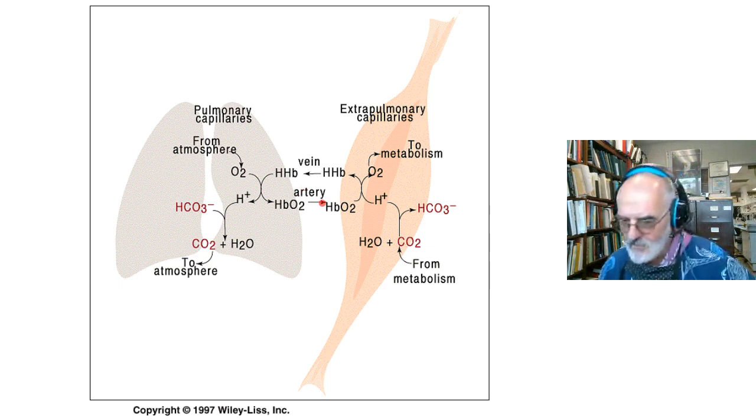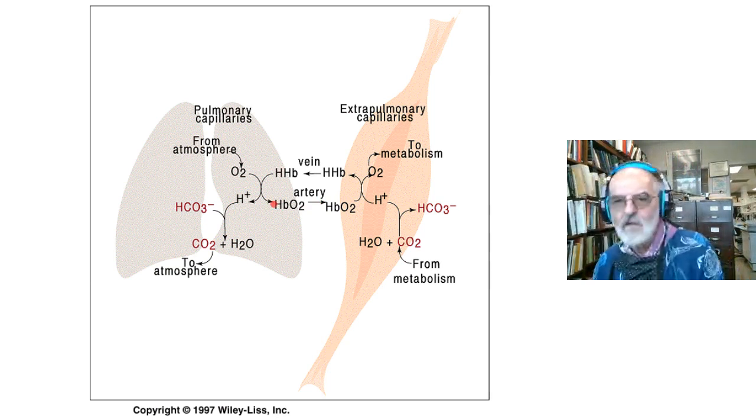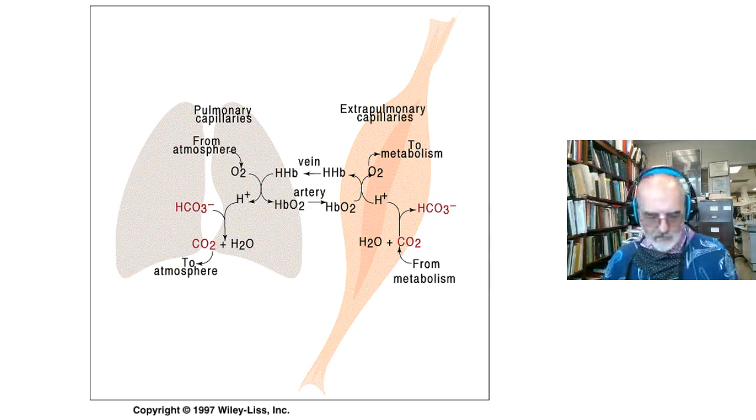The oxygenated hemoglobin is then transported through your bloodstream to the tissues. Okay, and then at the low partial pressure of the oxygen in the tissue, the capillaries, the oxygen is released.